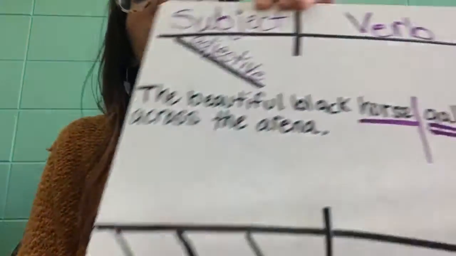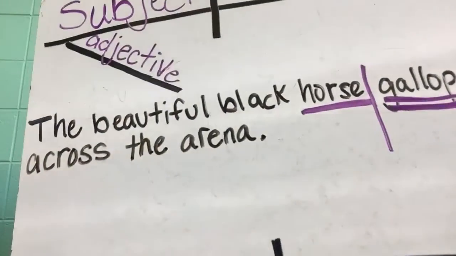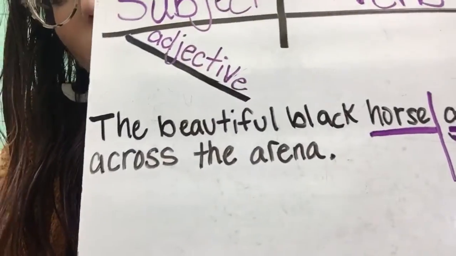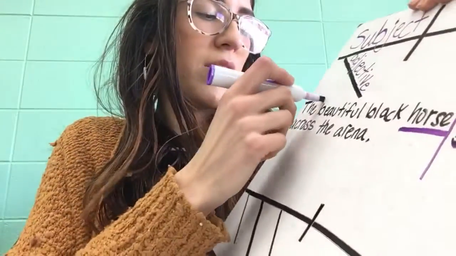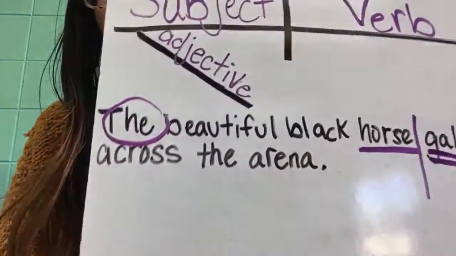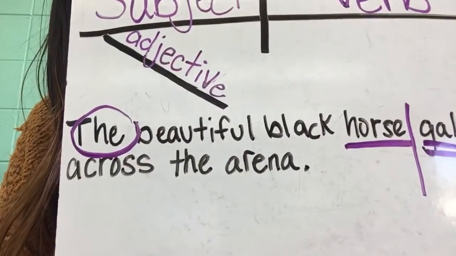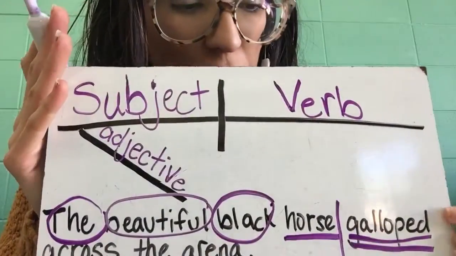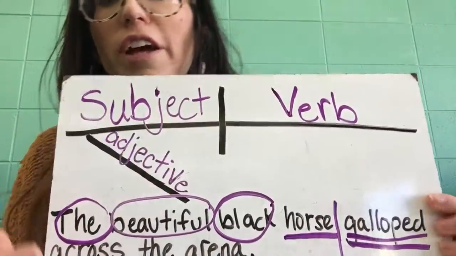Very good. And then let's go ahead and circle our adjectives. What's our first adjective you see? That's right, the. What's the second adjective you see? Good, beautiful. And the third adjective? That's right, black. Now we're going to draw an arrow from each adjective to the noun, okay?